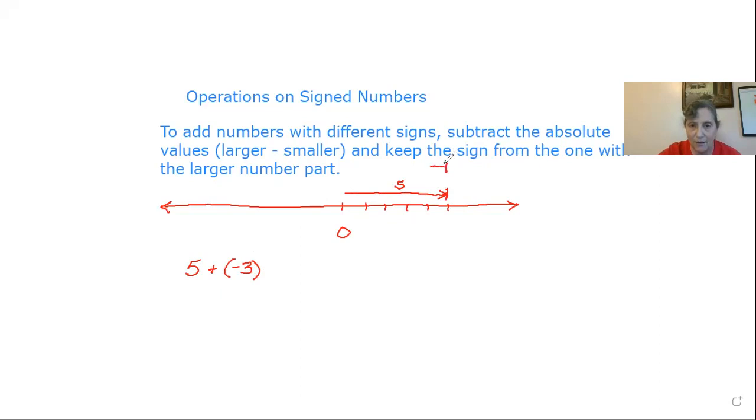So now we go back 1, 2, 3 units, and we find ourselves directly above the +2. Okay, that makes sense. We moved more units to the right than we did back to the left, so we're still to the right of 0. So 5 plus a -3 is a +2.